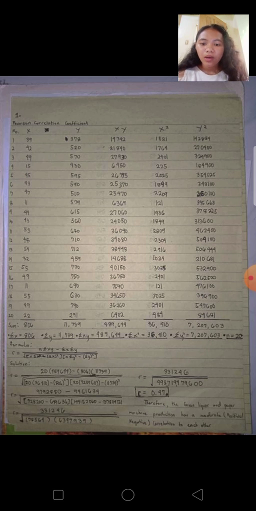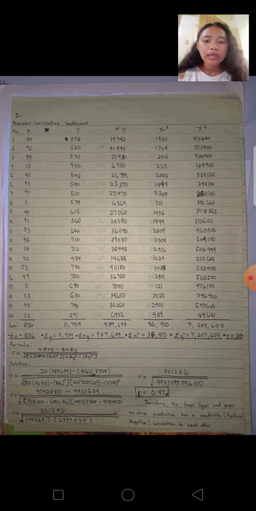If you have gotten all the variables, add them to get their sum. So, the sum of x is 806. The sum of the variables under the y column is 11,739. Then, the sum of xy is 489,644.